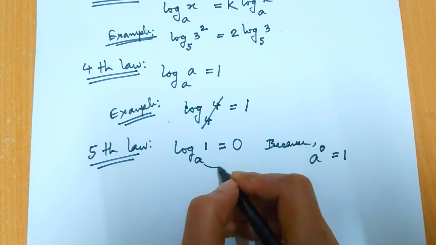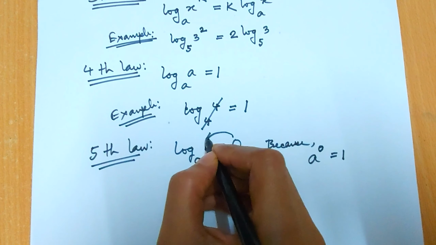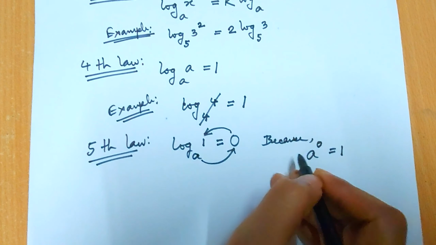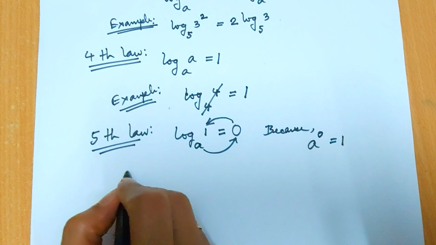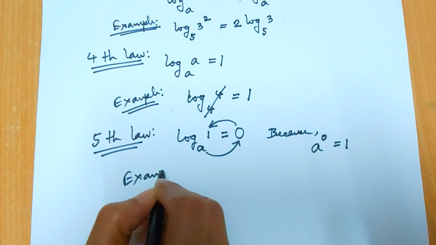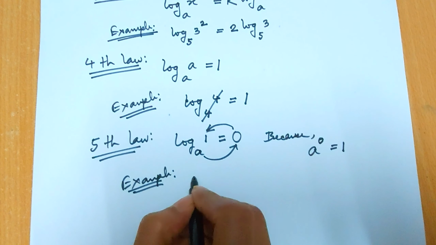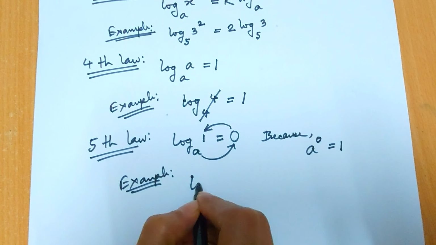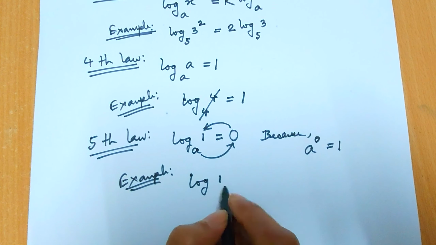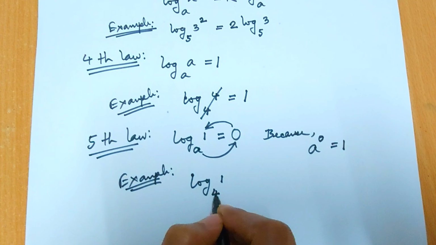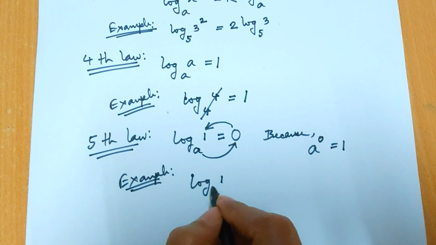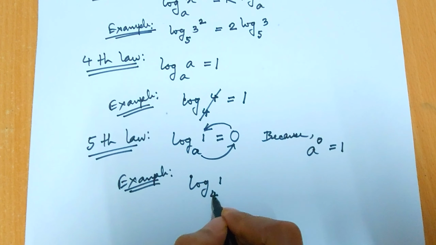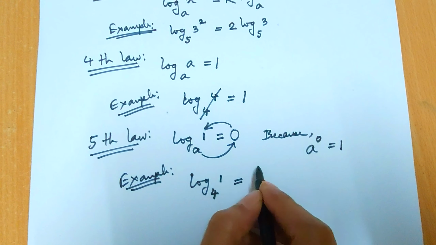And we know log always follows the exponent rules. So the example will be, say log of 1, I am taking the base 4 again, log of 1 to the base 4 equal to 0.